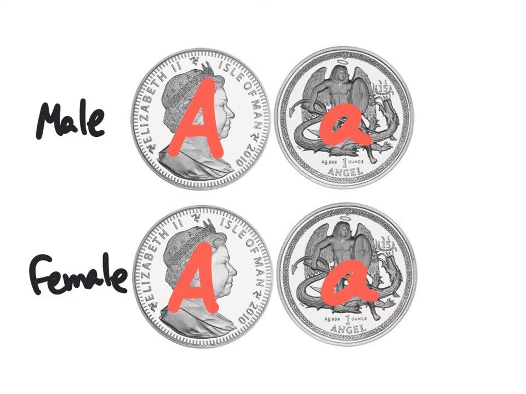Right. So if we have a male who is big A and little a, and a female who is big A, little a, now we have heads or tails. This is the part of the coin flip lab where we are flipping two coins. So let's take a look at that.